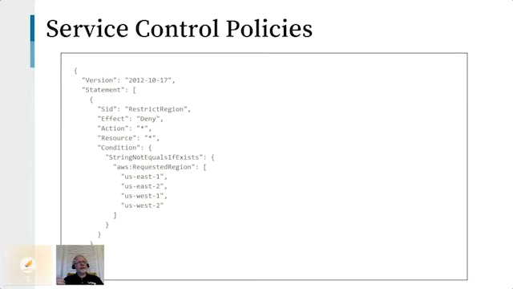And so, if someone were to leak credentials, if you are going to exploit a credential leak, you're going to do whatever bad thing you want to do somewhere where nobody's going to notice it. So if you're working in, let's say, US East 2, you're going to be paying attention to it. You're going to be in the console every day. You're going to see if something unusual happens.